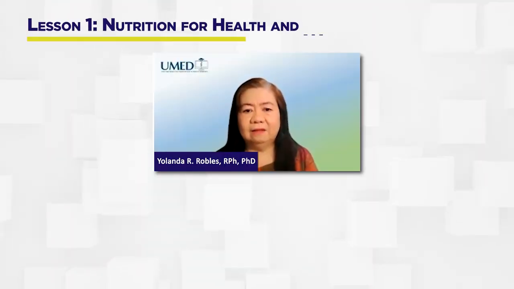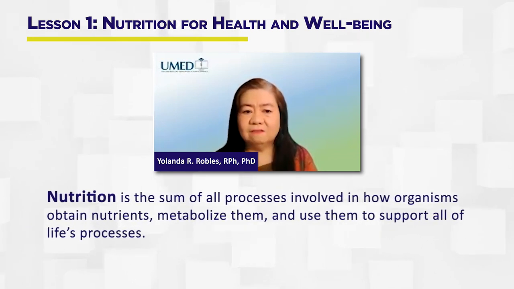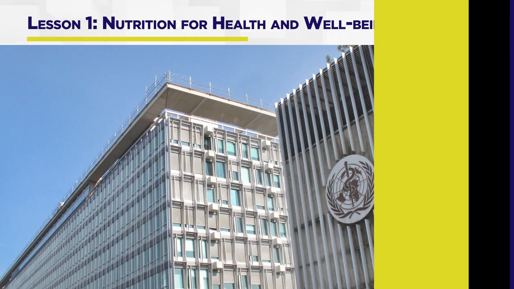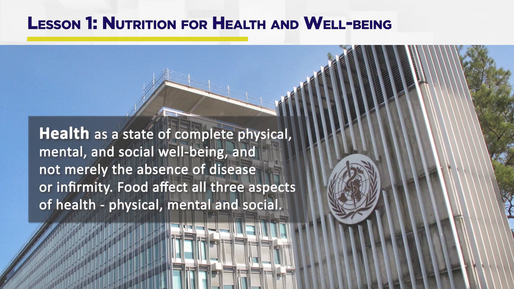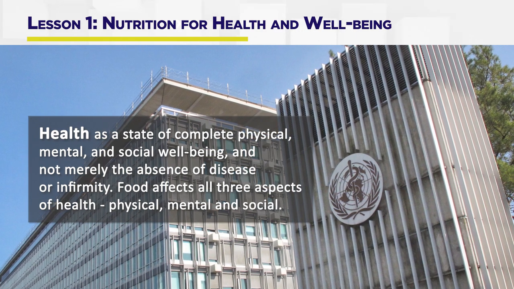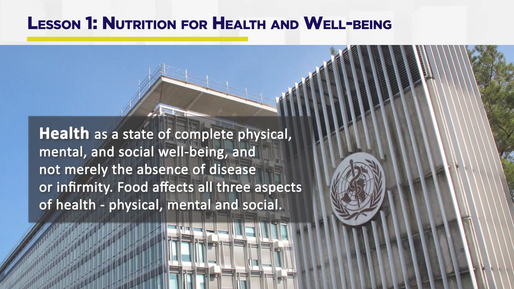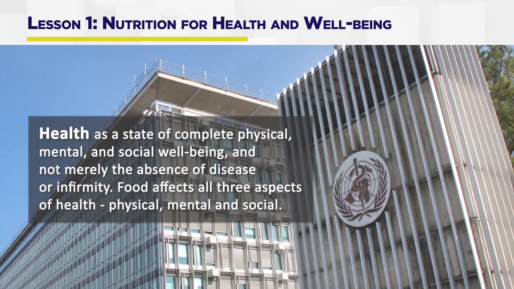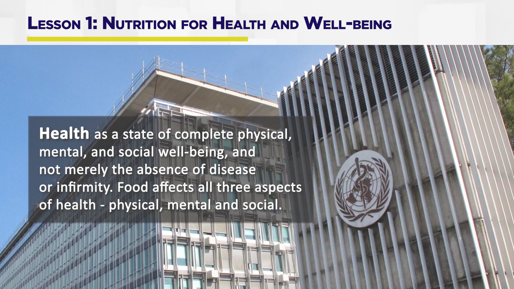According to Zimmerman and Snow, nutrition is the sum of all processes involved in how organisms obtain nutrients, metabolize them, and use them to support all of life's processes. The World Health Organization defined health as a state of complete physical, mental, and social well-being, and not merely the absence of disease or infirmity.